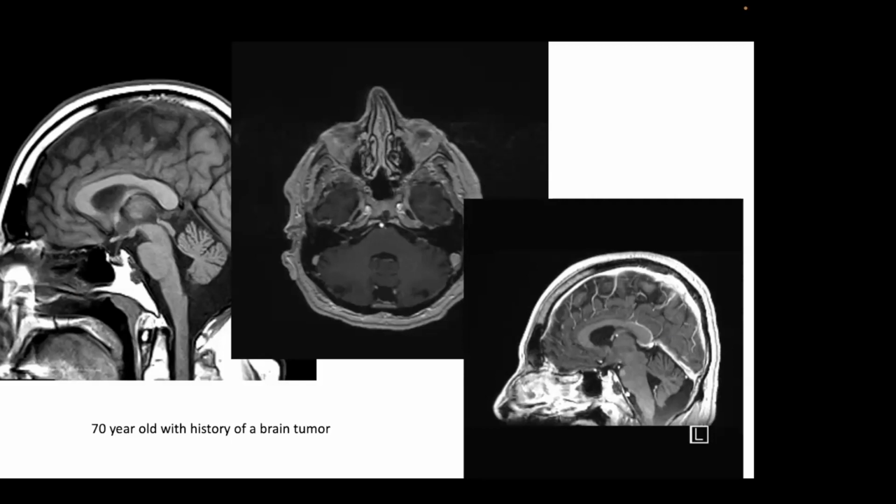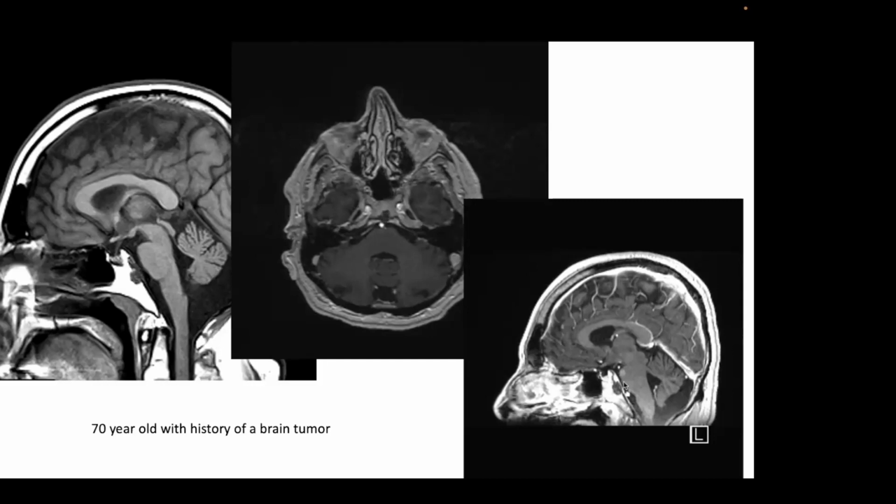Now this is the prize case. See if any of you can make the diagnosis here. Here's a 70-year-old who comes in and says, I was told years and years ago I have a brain tumor. Here's his MR scan, and you can see there's a scalloped lesion here in the clivus. Here it is.